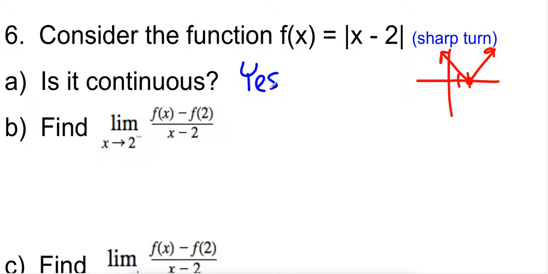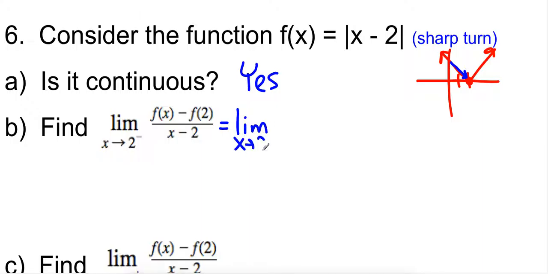So now what we're going to do is we're going to look at the derivative at 2 from the left and the right. Now we're using the alternate form here. Okay, so I'm looking at the derivative, the slope, as we approach 2 from the left. What's the slope of that line as we approach 2 from the left? Okay, so here's our alternate form, f of x minus f of 2 over x minus 2.